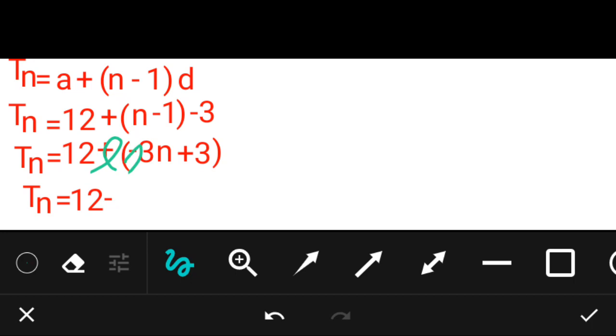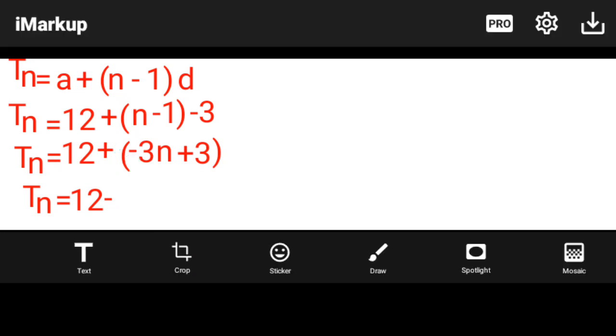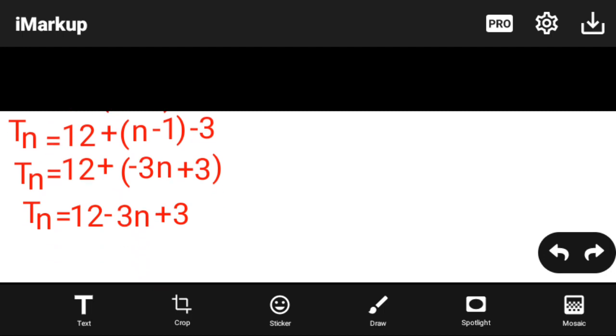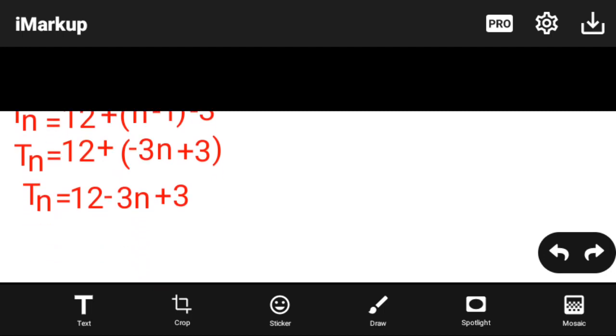So that will give us negative 3n, then plus 3n. Then from there now, we move on.